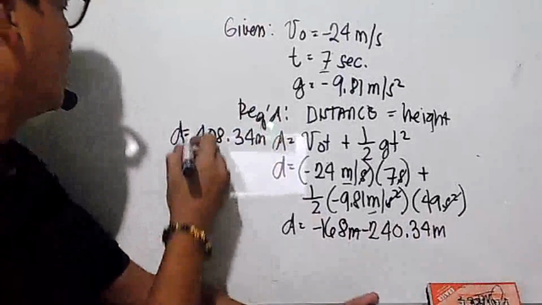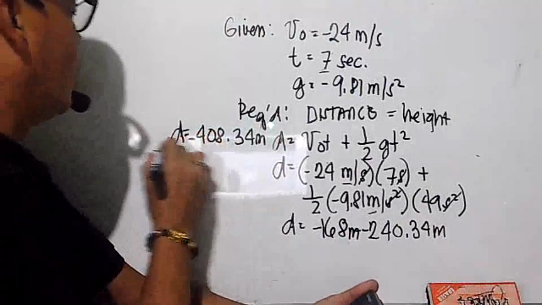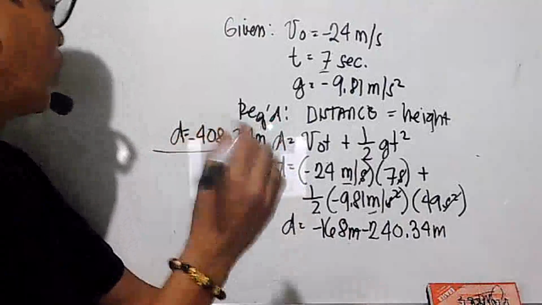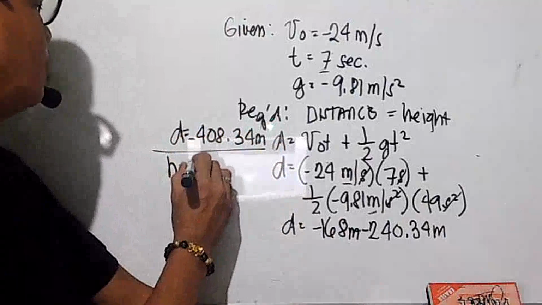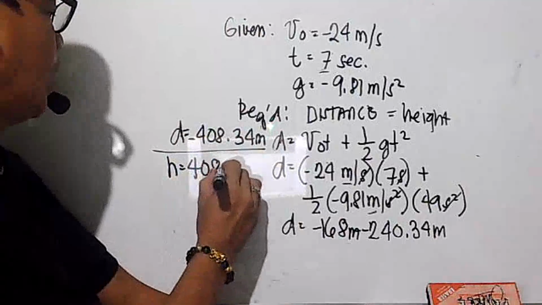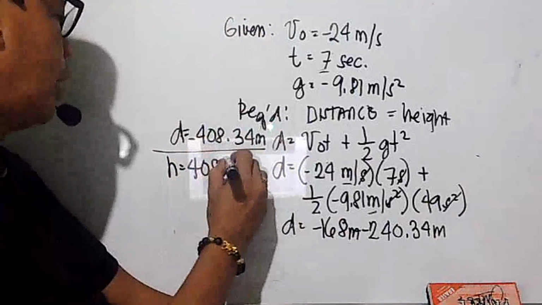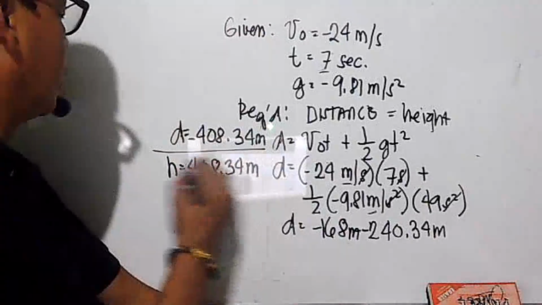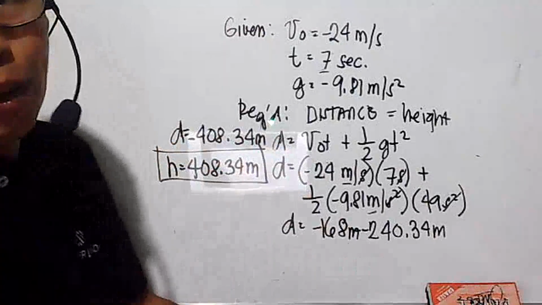So this is your displacement. Therefore, the height of the cliff is equal to positive 408.34 meters. So this is the answer to the question.